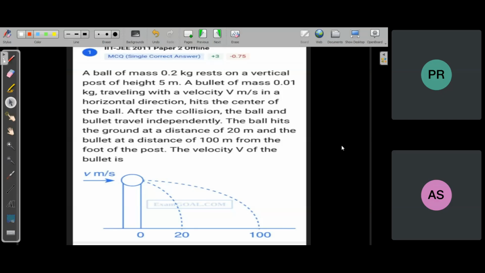Five hundred meters per second. You are getting. One minute.